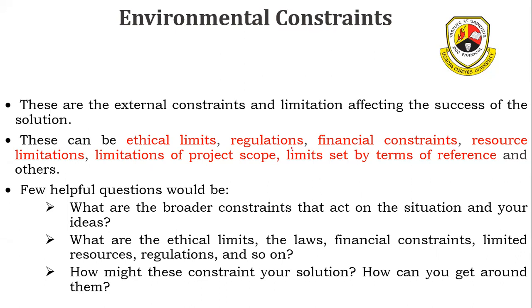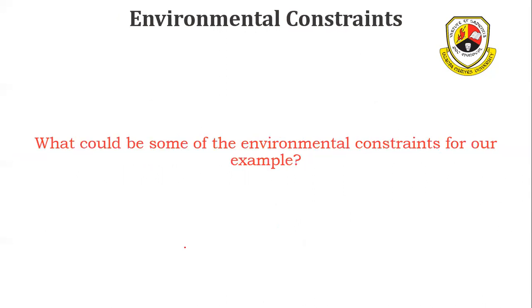Financial constraints. This is the environment, the environmental constraints. These are some of the helpful questions that may lead you to analyze the environment. You can also just think about some of the environmental constraints from your own examples, from your situations.